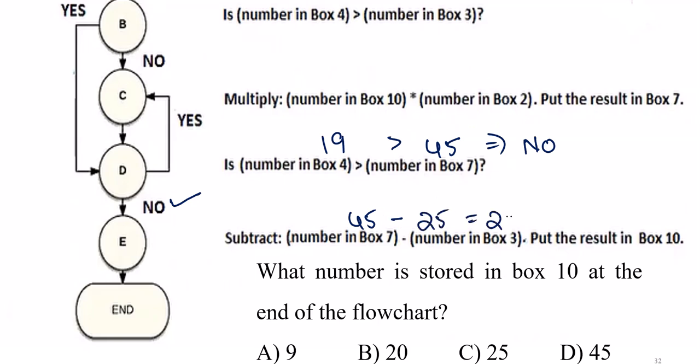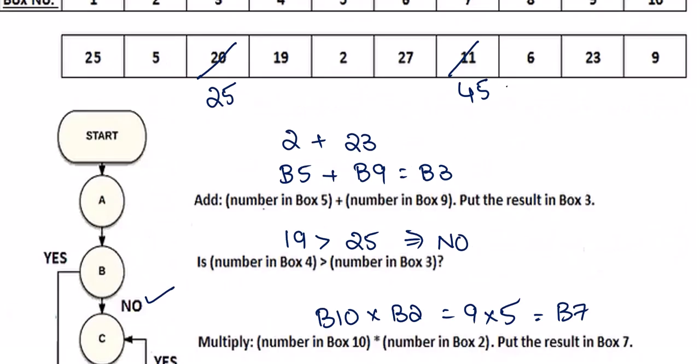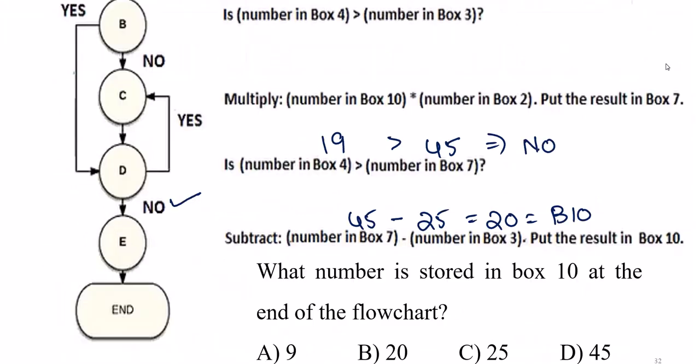Yeah, it's 25 only. Subtraction of box 7 minus box 3, the result is 20, should be updated in box 10. Now question, at the end of the flowchart, what is stored in box 10? 20. Initially 9, it's updated to 20 in the last step.